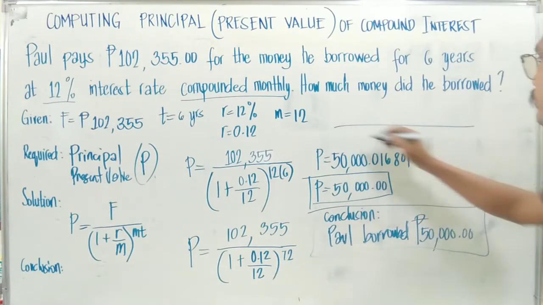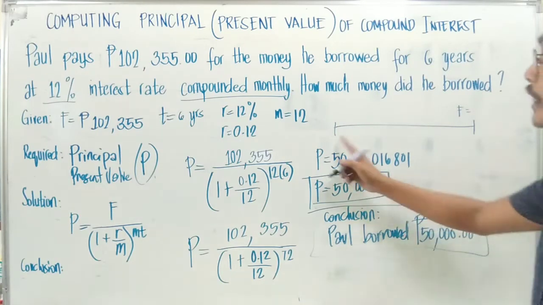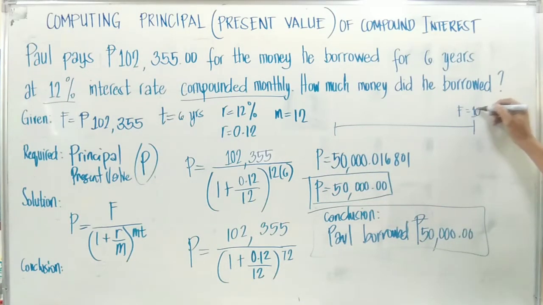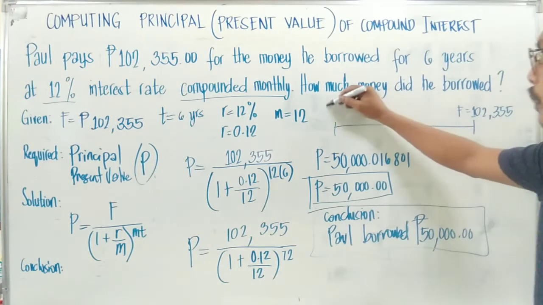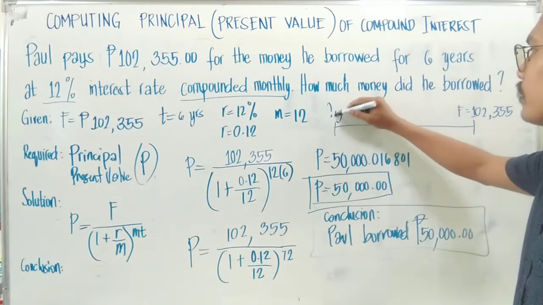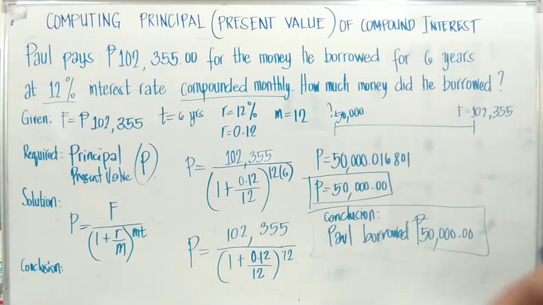By illustration, we are asking for the amount of money he borrowed after paying 102,355. So how much did he borrow? We have 50,000. Okay, so I guess that is clear and you have learned something from this video.